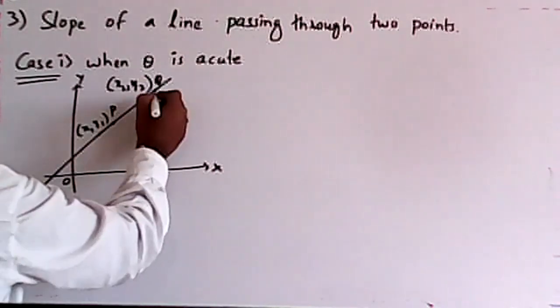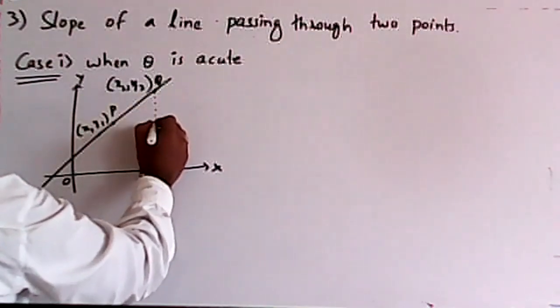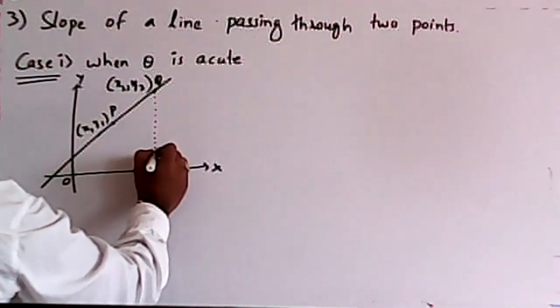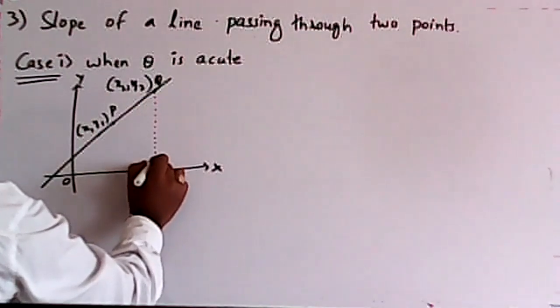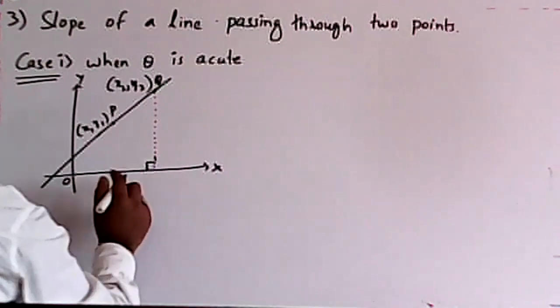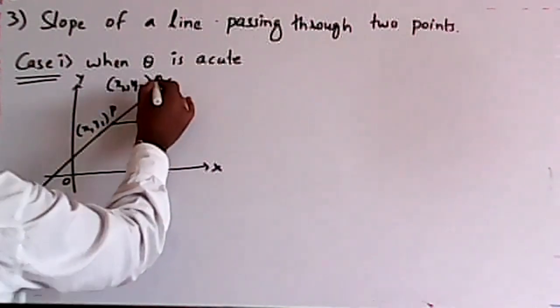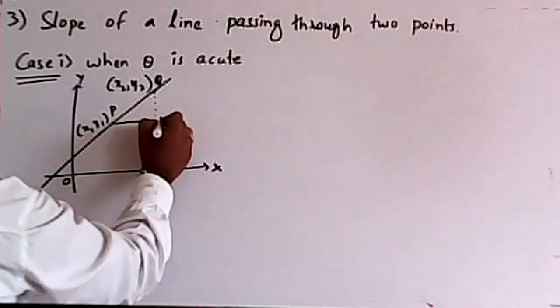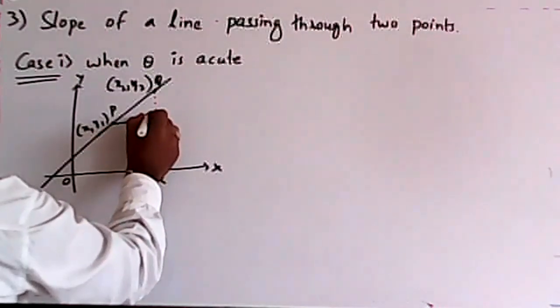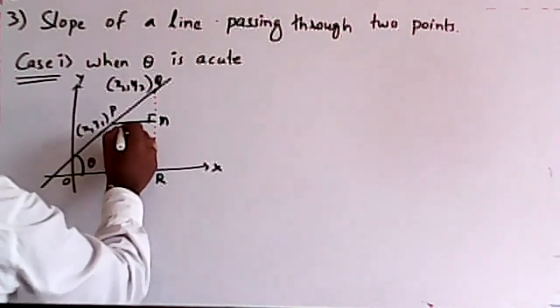Now we'll make some construction. From Q, I'll draw a perpendicular line to x-axis, 90 degrees. Right. So from P also I'll put a perpendicular to reach this QR at M. This is 90 degree and this is angle theta.